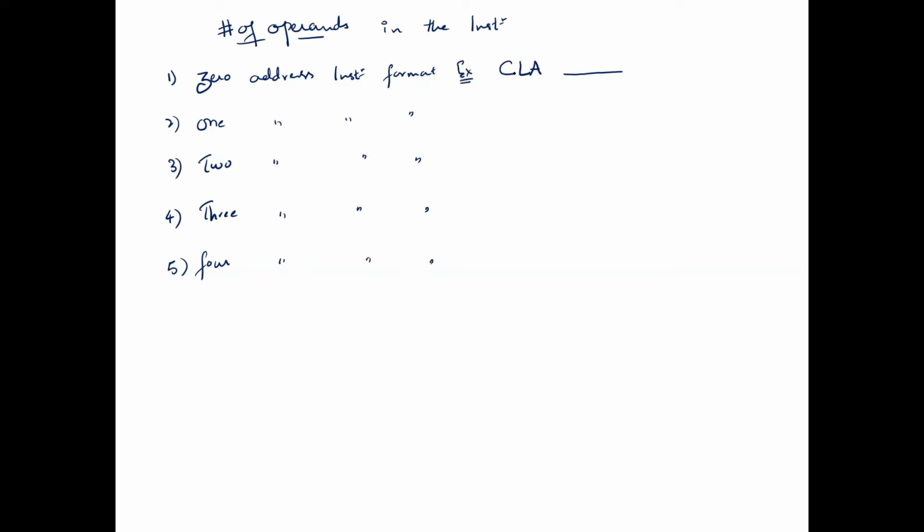Such instructions look like only an opcode: clear accumulator. Now, what is this accumulator? Accumulator is one of the special function registers. That register we are going to clear. Clear means making it 0, forcing the value of that register to be 0.